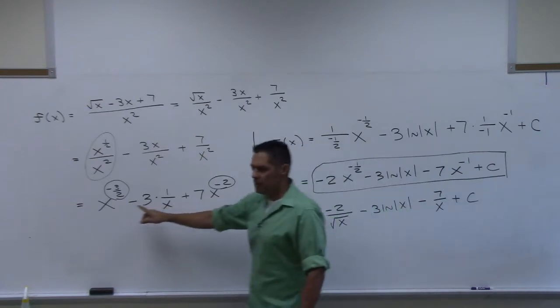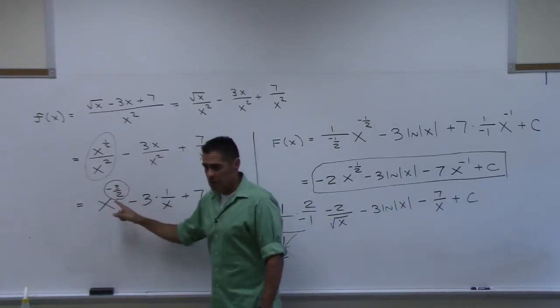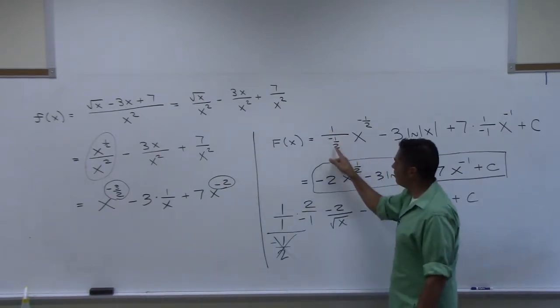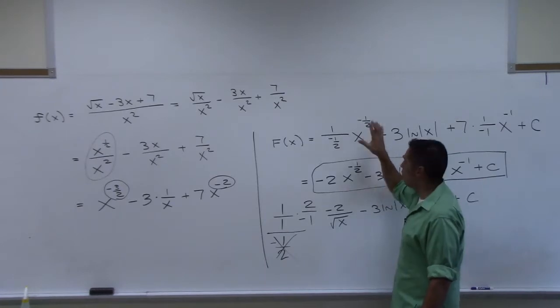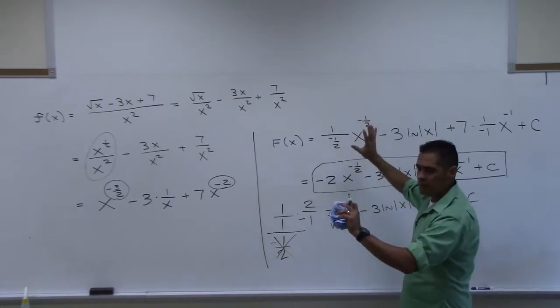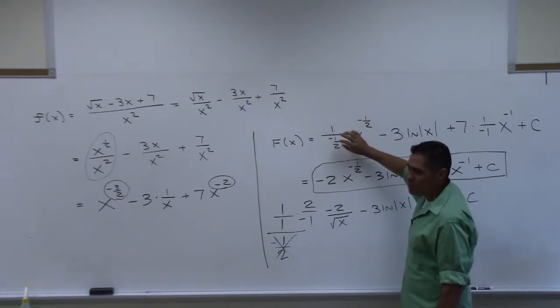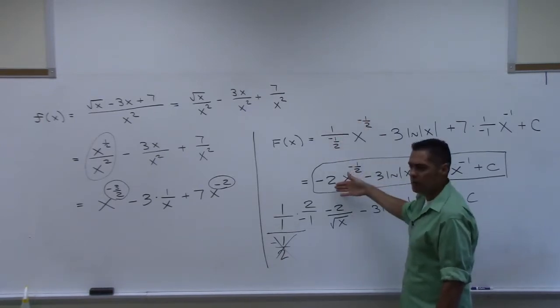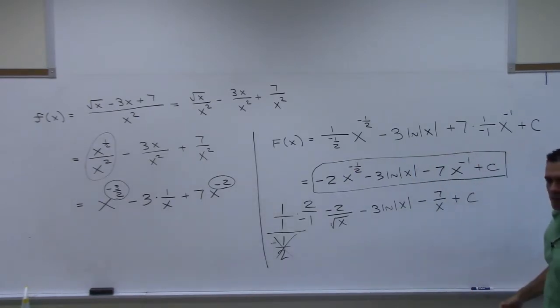I took the antiderivative of this, right? This is x to the n. So I used the formula. The formula gave me 1 over, this is n plus 1. This is negative 3 halves plus 1. So once I'm here, I'm not doing any more derivatives. I'm just cleaning up the answer. I'm just algebraically, what is that? That's negative 2. Oh, okay, I was thinking that. You're trying to do the derivative or something?